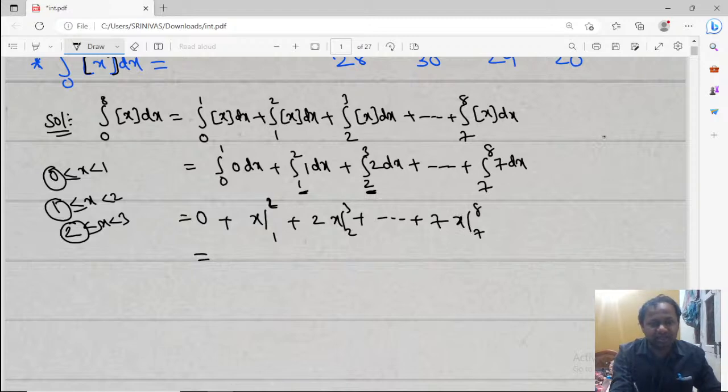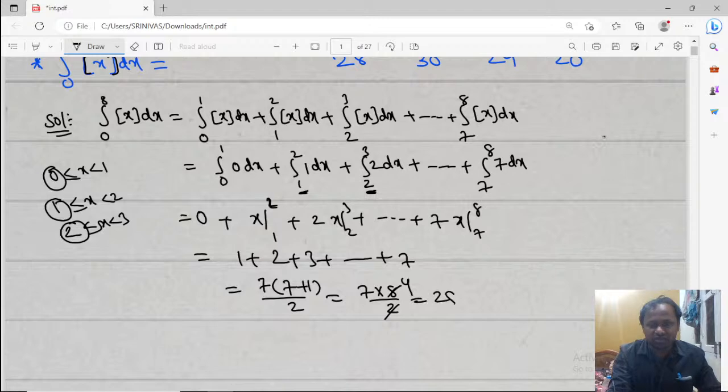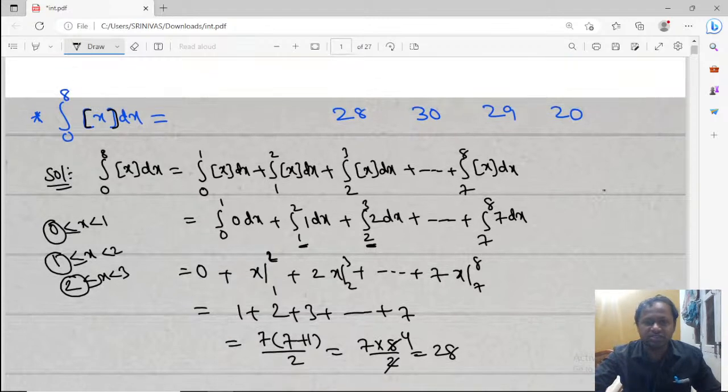So answer will be 2 minus 1, 1, plus 2 plus 3 plus and so on up to 7. That is nothing but the sum of 7 terms. 7 into 7 plus 1 by 2, that is nothing but 7 into 8 by 2, that is 7 4s are 28. So 28 will be the correct answer.